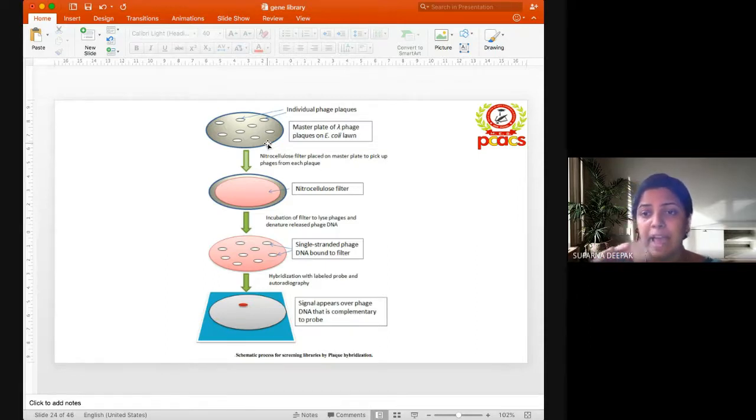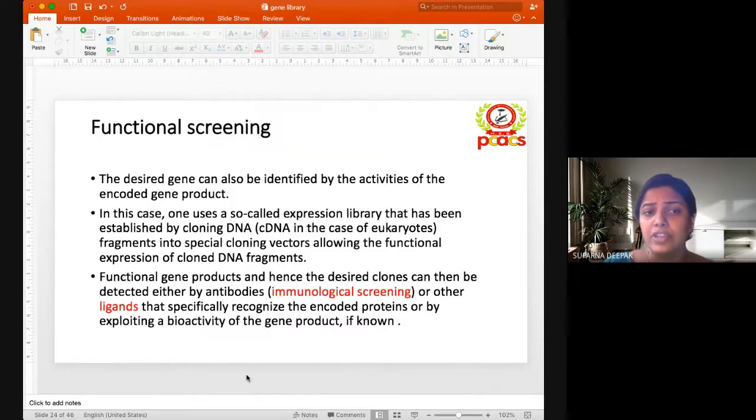They form patches where the bacteria are lysed. Those areas are rich in phages, that is, rich in viruses. The nitrocellulose membrane is placed, and then the cells are lysed so that the DNA is released and then denatured. It is bound to these filters, and then the same thing follows: hybridization with your labeled probes, and then autoradiography. Okay, so this is about your plaque and colony hybridization methods.